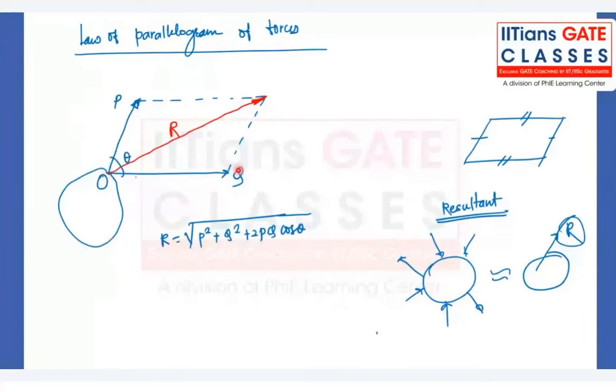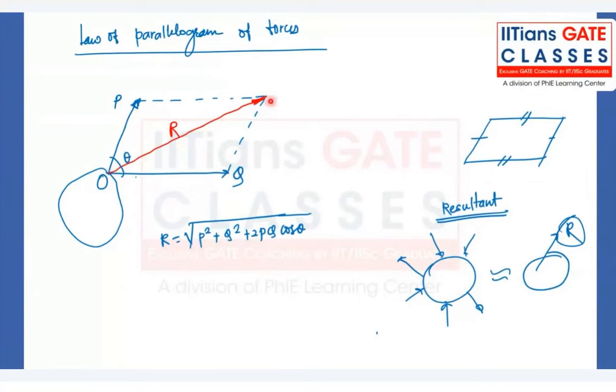For example, if we have this force P and force Q applied at point O, we can clearly see these are the two adjacent sides of the parallelogram. Then the law of parallelogram of forces says that the resultant is represented by the diagonal.